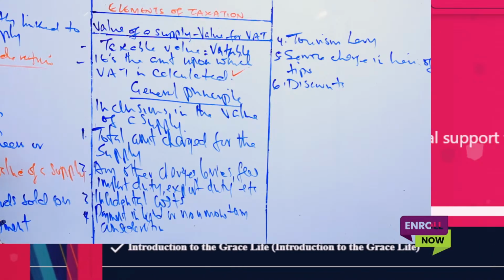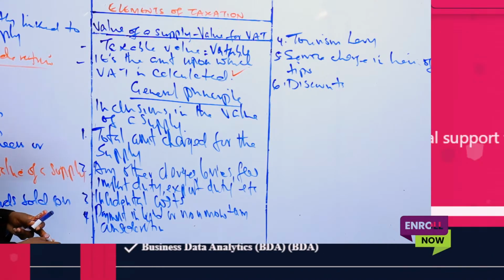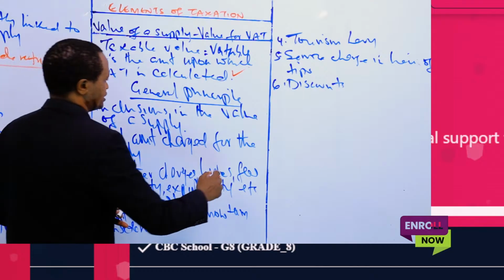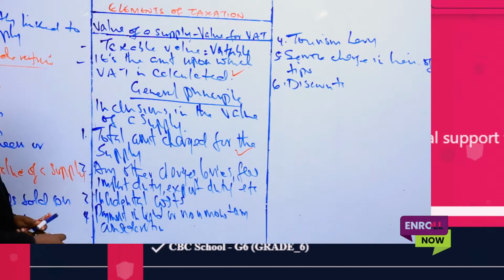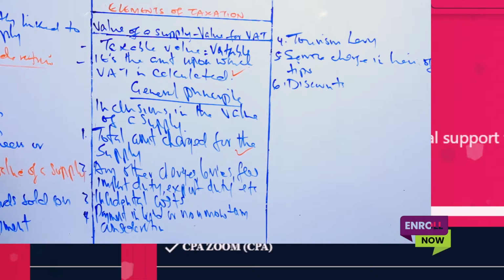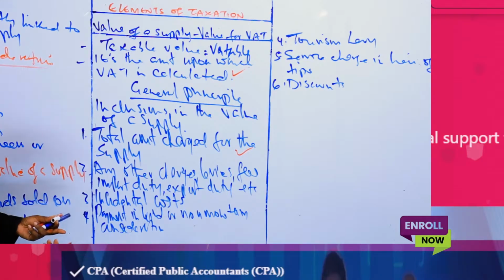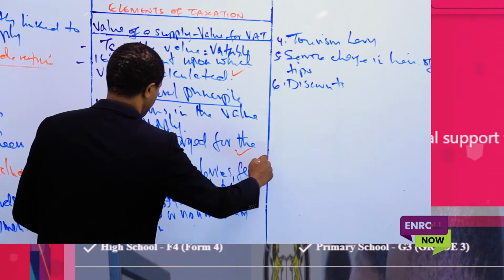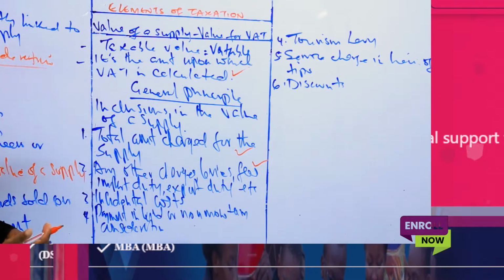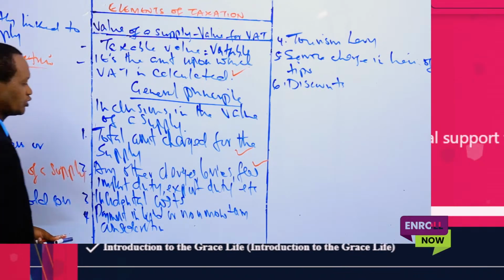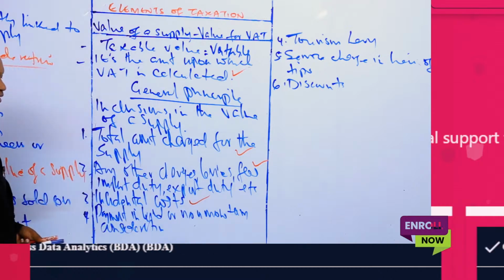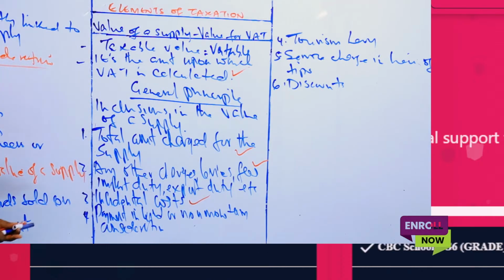The first principle is that the total amount charged for the supply is the starting point. Then we add any other charges or levies like import duties, export duties and other levies. There could also be incidental costs associated with the supply, like insurance, transportation, and so on.